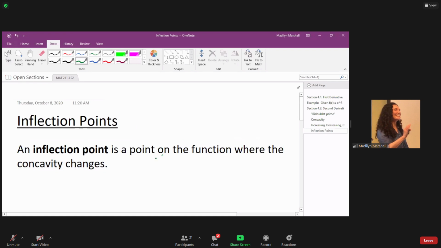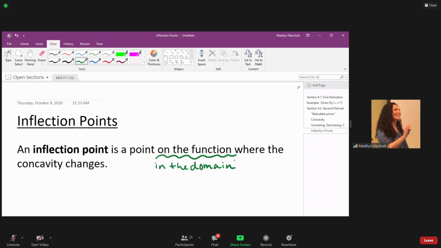And I want to highlight this on the function part. It has to be in the domain. So this is sort of analogous, not exactly the same, but analogous to our critical points.